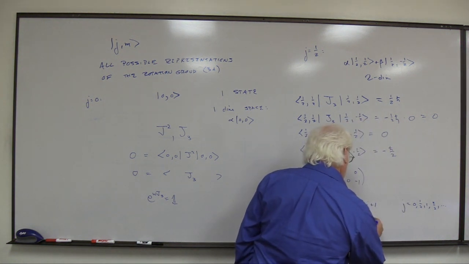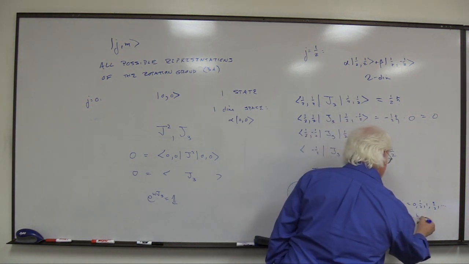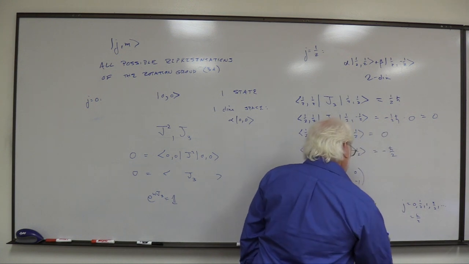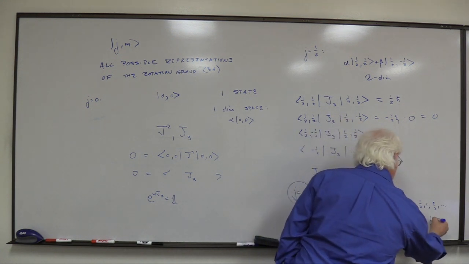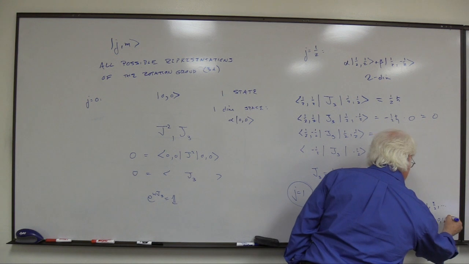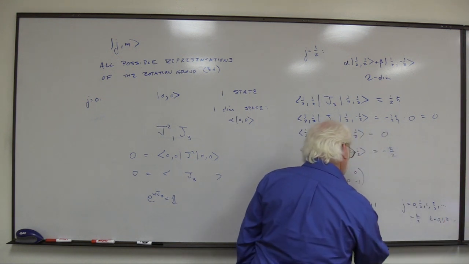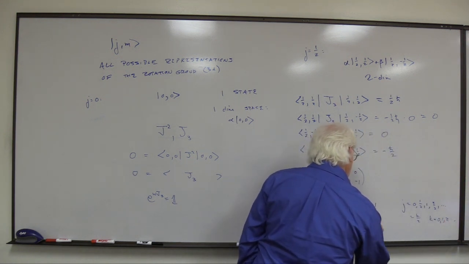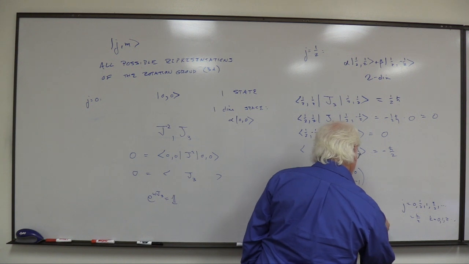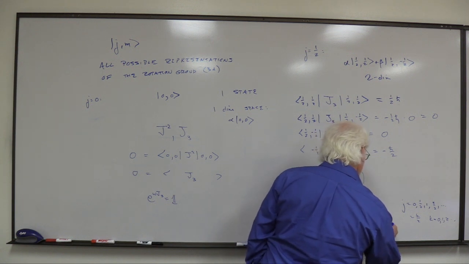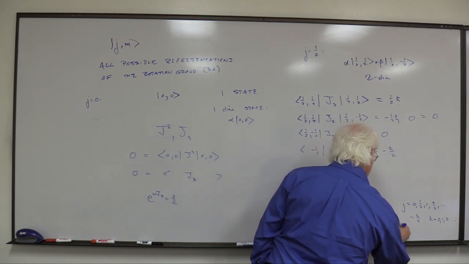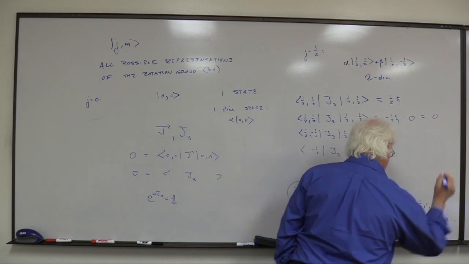Well, that's going to be, in general, K over 2, for K equals 0, 1, 2, and so on. So 2J is going to give K plus 1, which is equal to 1, 2, 3, 4, and so on.